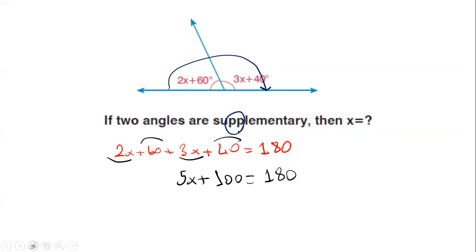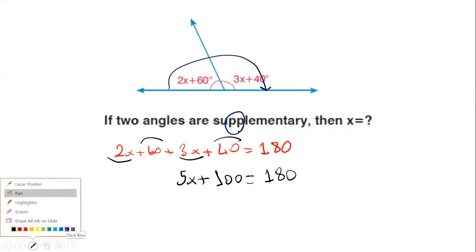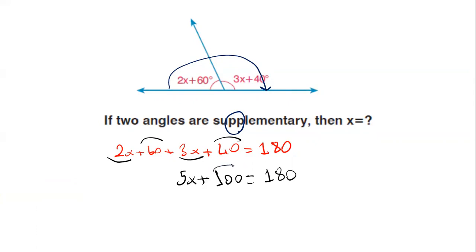And then I'm going to leave the unknown alone. With the subtraction, it is going to be 5x equals 80. And then the 5 goes to the other side as division. So x is going to be 16.